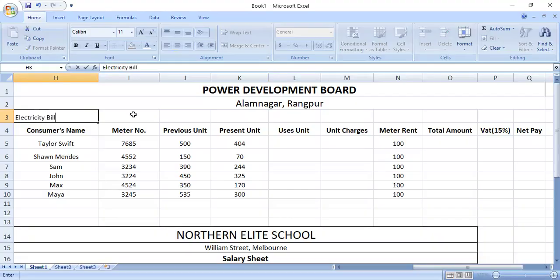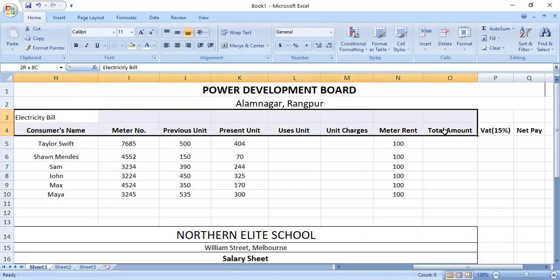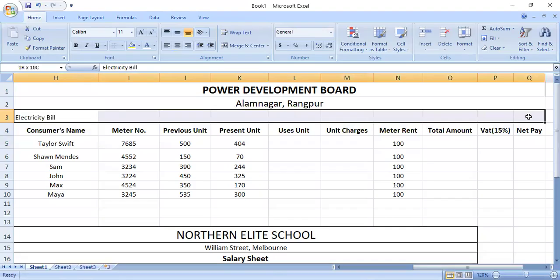You can keep a record of the consumers. Here what you need to do is select these cells and then merge them together and align them in the middle so that they look good.